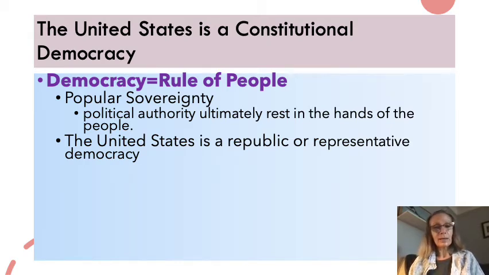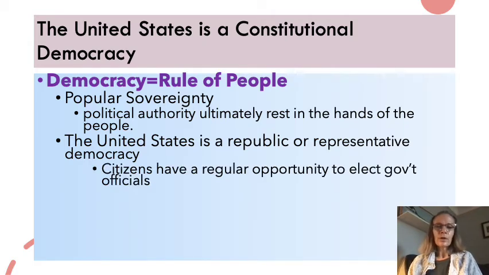Now, in the United States, there are lots of different ways in which people can rule. The United States has a very specific type of democracy. As it says there, the United States is known as a republic or a representative democracy. But just because the United States is a republic doesn't mean that it's not a democracy. It is a democracy, just a certain type.